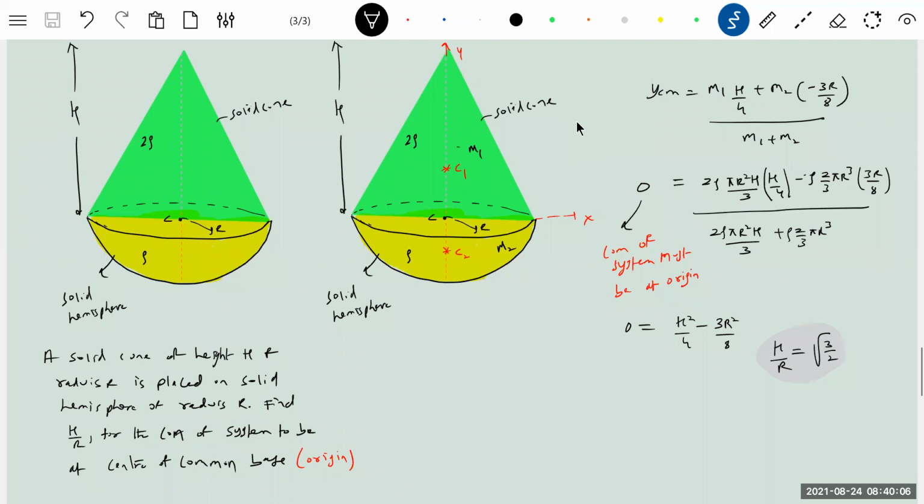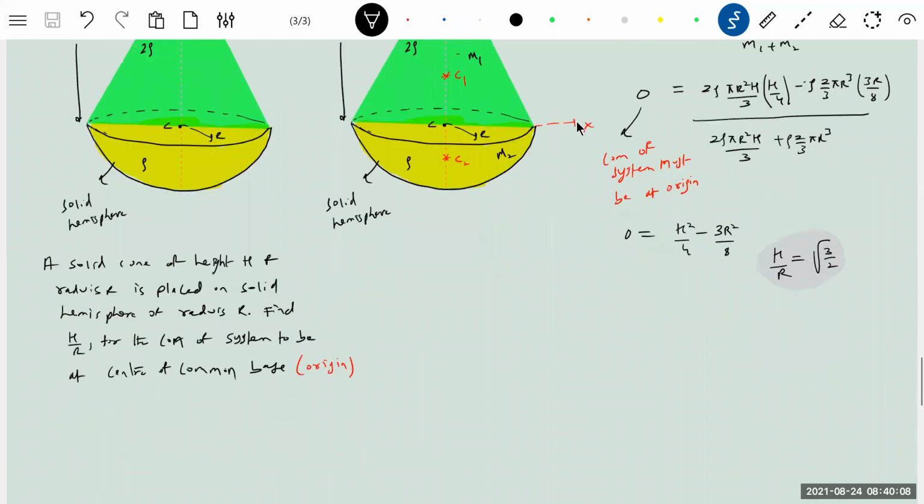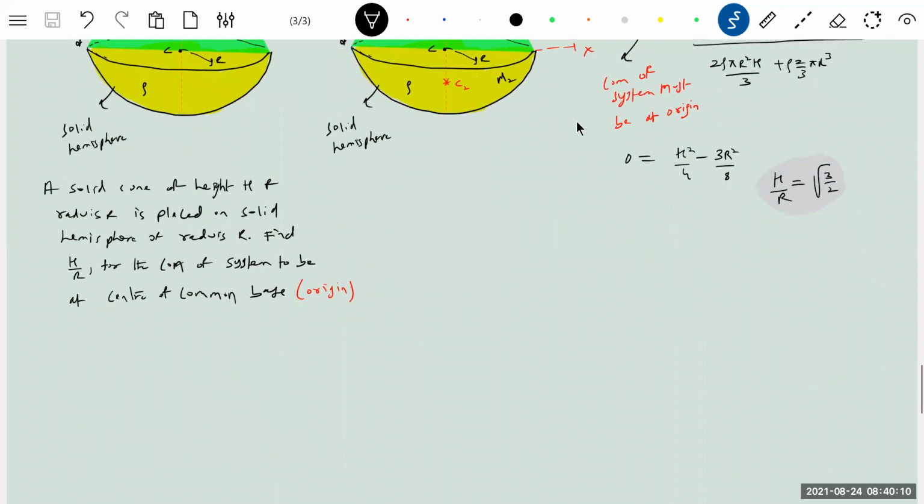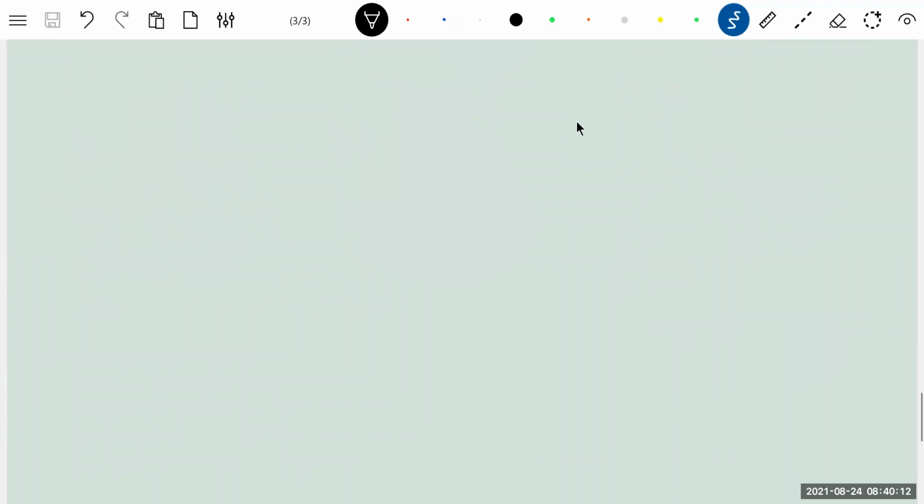Okay, now we'll go for some other shaped structures. Okay, some structure I brought.